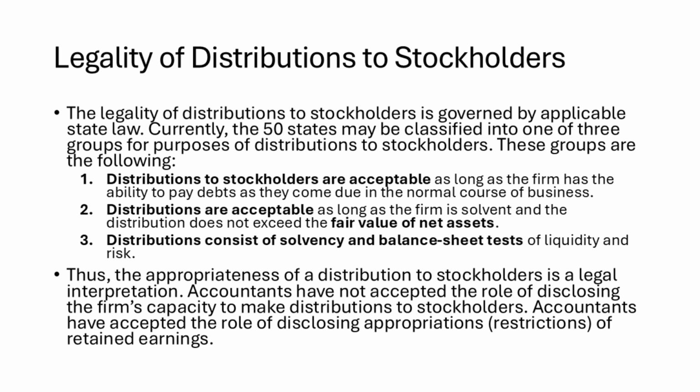Second, distributions are acceptable as long as a firm is solvent and the distribution does not exceed the fair value of the net assets. The third, distribution consists of the solvency and the balance sheet test of liquidity and risk.